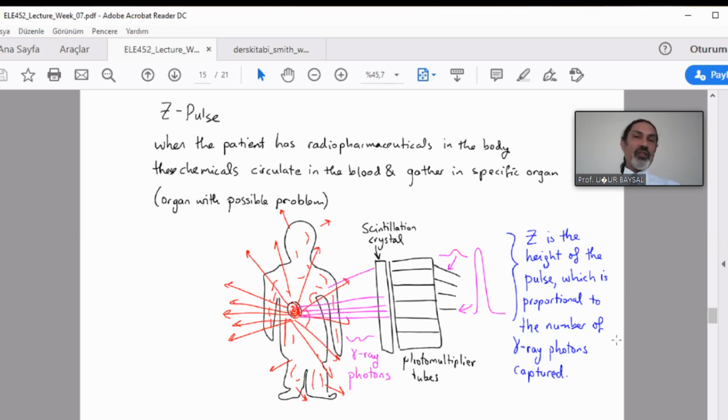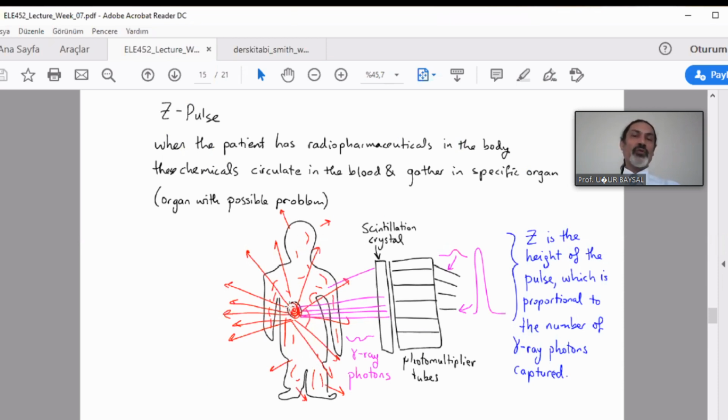When the patient has radiopharmaceutical in the body, these chemicals circulate in the blood and gather in the specific organ. So what's happening just before the imaging? Assume this is the organ, and the person has most of the radiopharmaceuticals in that organ, but many other pharmaceuticals are around the body due to the bloodstream.